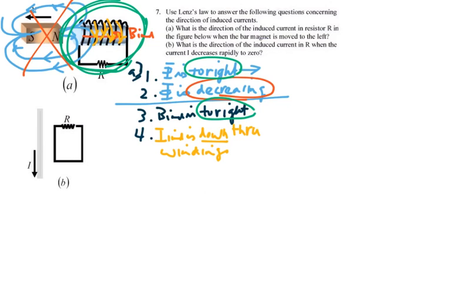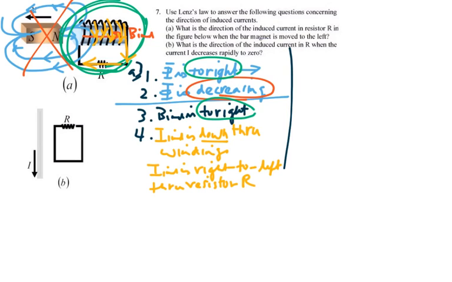If it's going down through the windings in each one of these, then it's going down on this very last loop, which means it's going right to left through the resistor. So I induced is right to left through the resistor R. Alright, so that is part A.